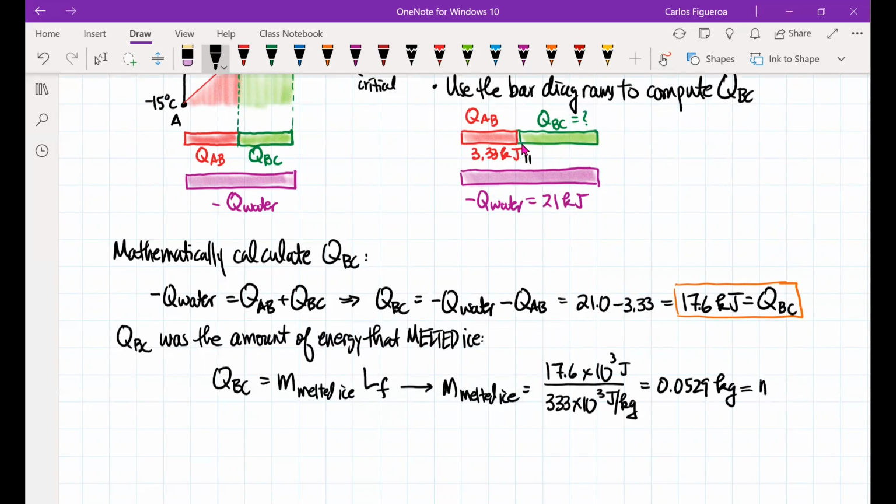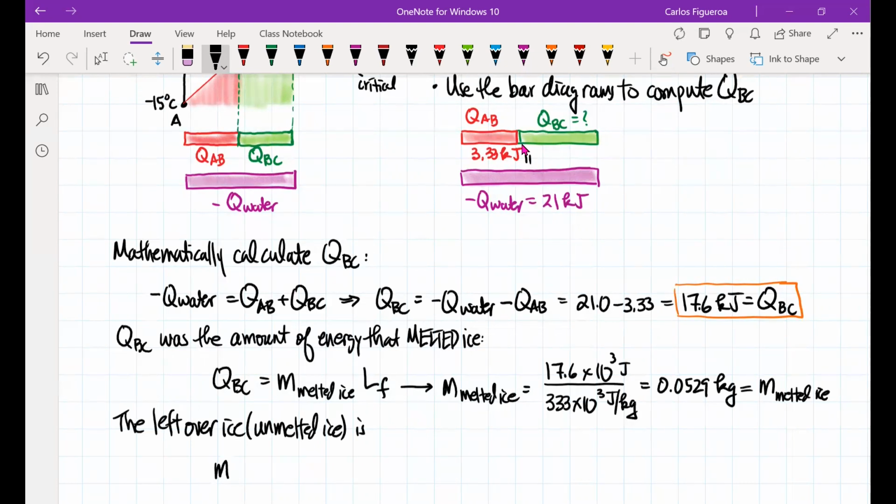So this is the mass of the melted ice. So the leftover ice, in other words, the unmelted ice, is then going to be this here.